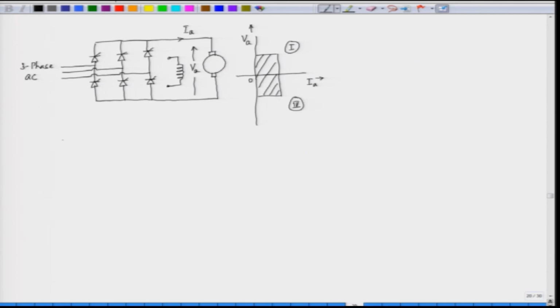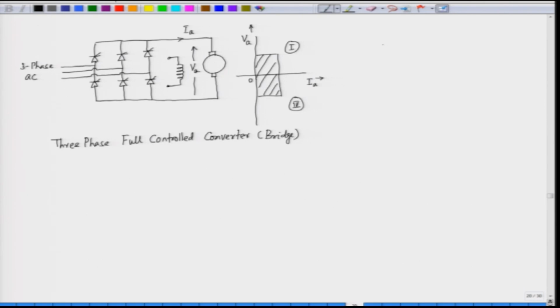So, we call this a 3-phase full controlled converter, and usually this is a bridge converter. This is in the form of a bridge, so we call this a bridge converter.